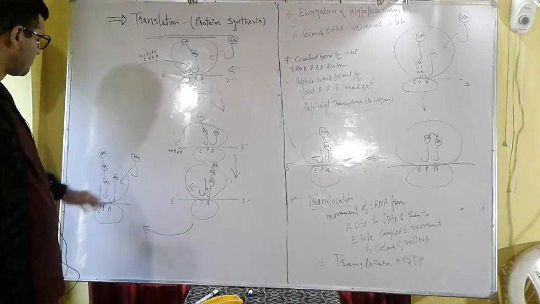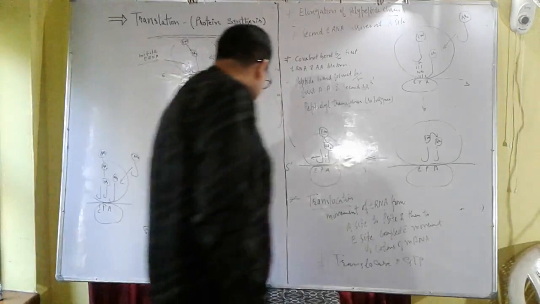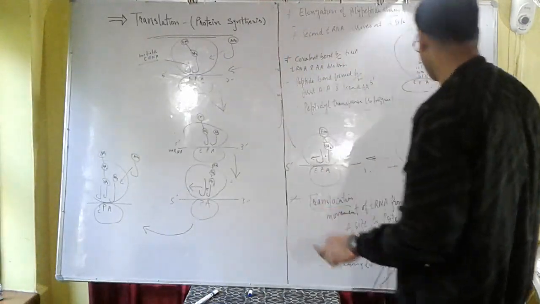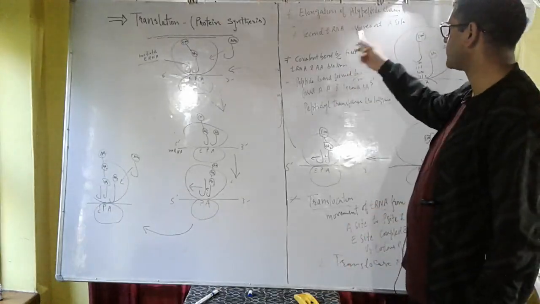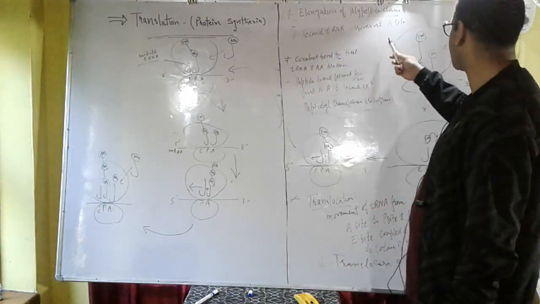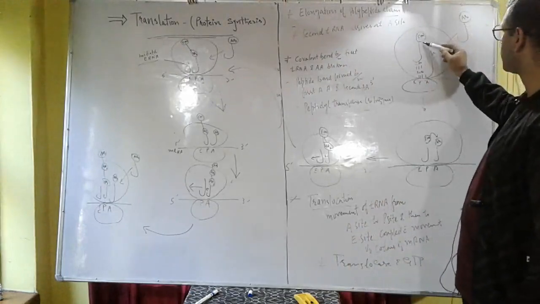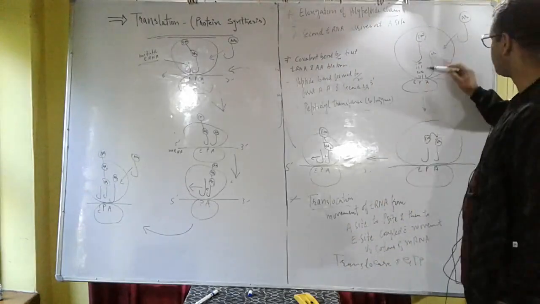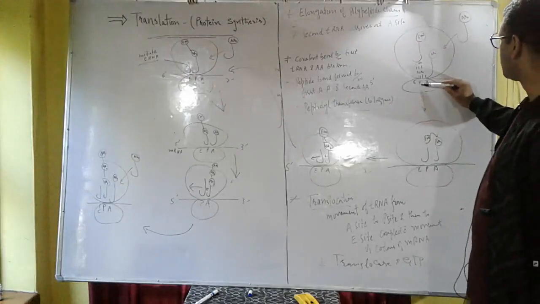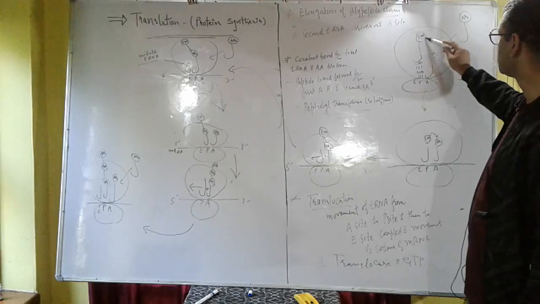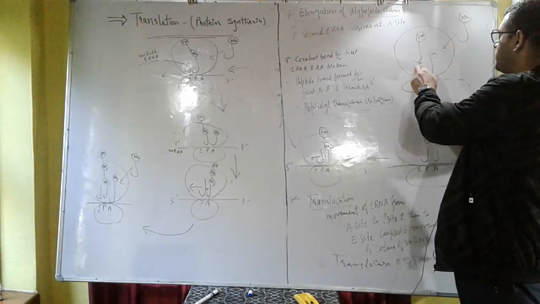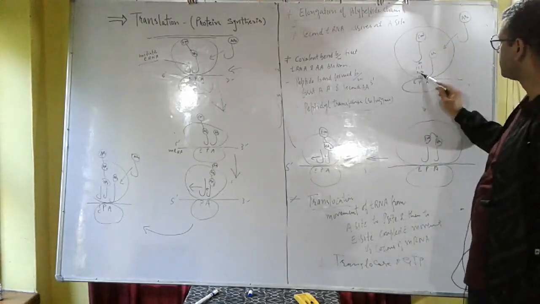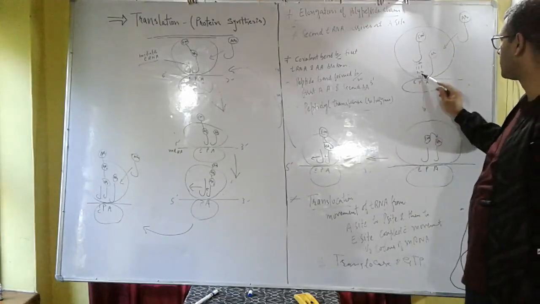In this way this polypeptide chain grows. So we can say that in elongation of polypeptide chain, the first tRNA arrives at the ribosome at the P site. This is formyl methionine, that is first amino acid. The anticodon of this tRNA will establish the linkage with the first codon, initiation codon of the mRNA.